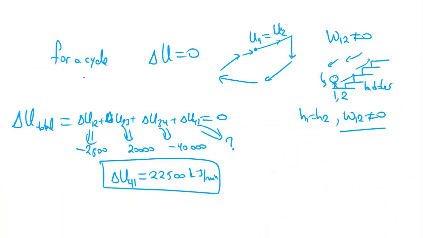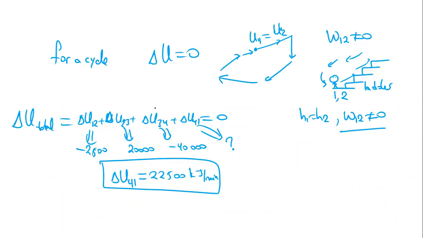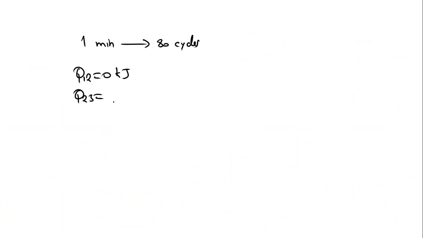Therefore, I should convert these quantities into kilojoules per cycle. For the first one, Q12, it is 0 kilojoules. For Q23, it will be 20,000 kilojoules per minute. I should convert this into cycles.